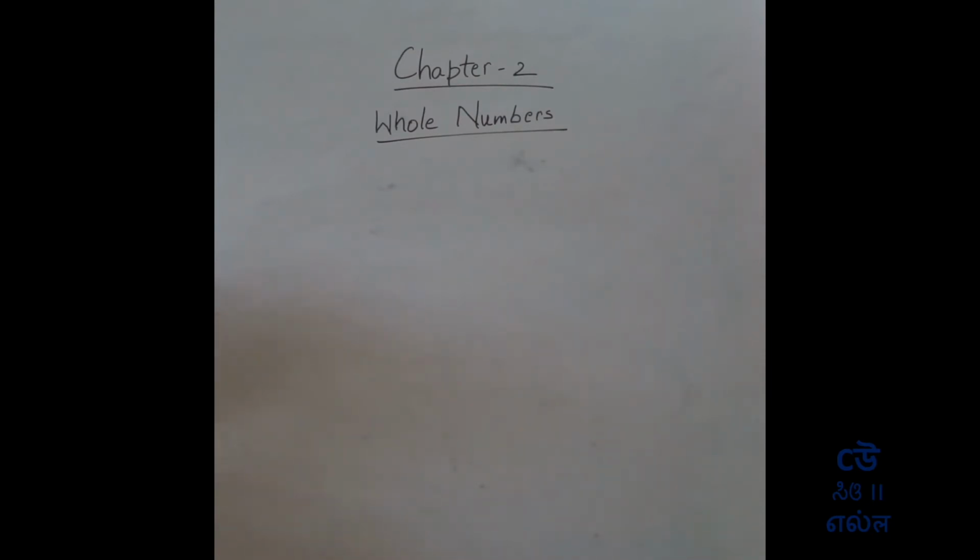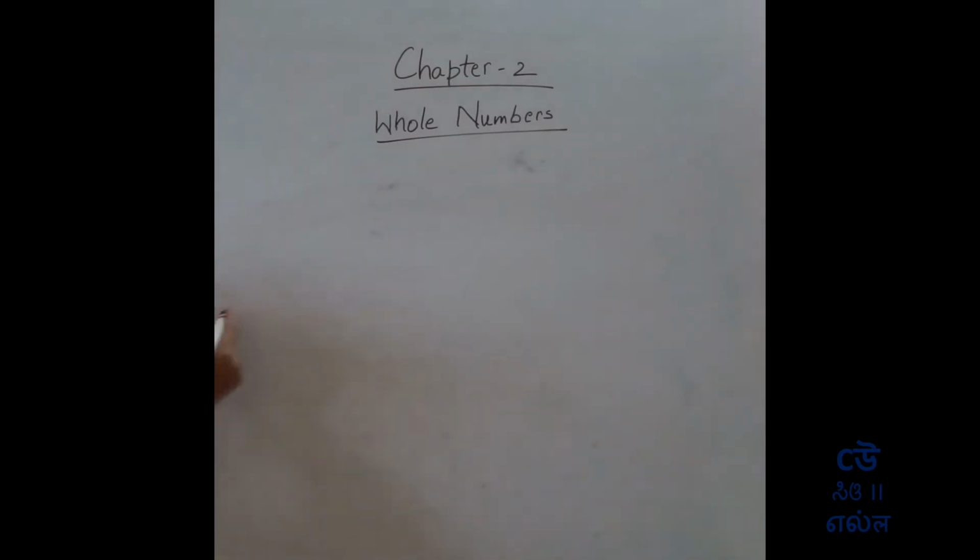What are whole numbers? Whole numbers are the numbers which include the natural numbers that begin with 1 onwards, right?